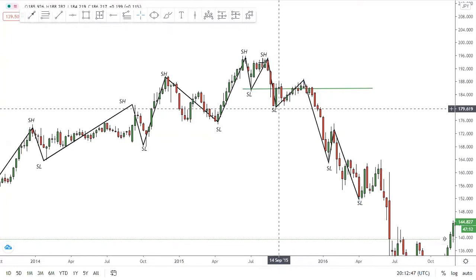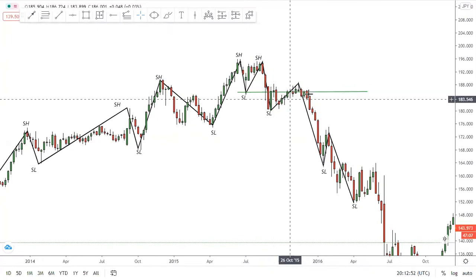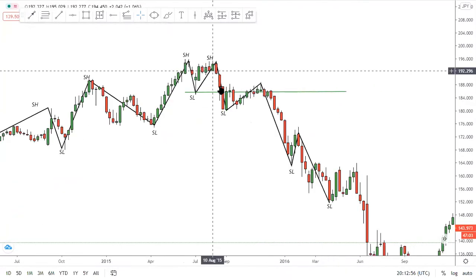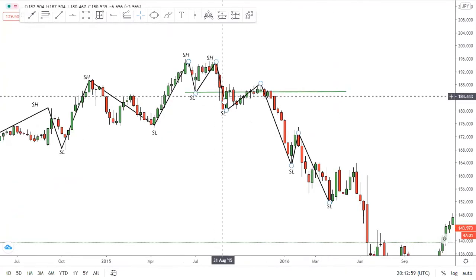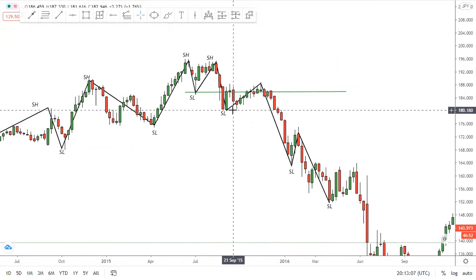See what is happening. When it broke that level, it went back to retest it. So as a trader, when did this happen? This break happened on 31st August 2015. So let's say on 31st August 2015, you realize that the market had broken an important swing low. Immediately, it should suggest to you that the market wants to reverse.